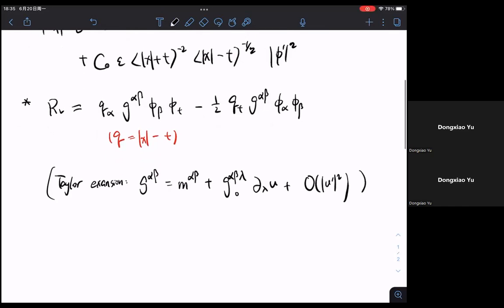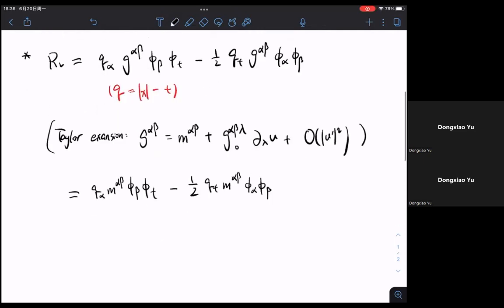Now we plug this Taylor expansion into the expression of R2. Then we get R2 is equal to Q^alpha M^alpha beta phi_beta phi_t. This part we just copy down using the Taylor expansion, without any actual computation, replacing G^alpha beta with M^alpha beta.